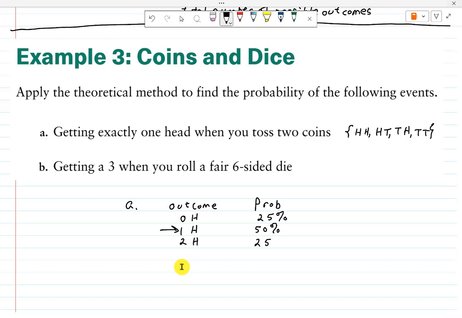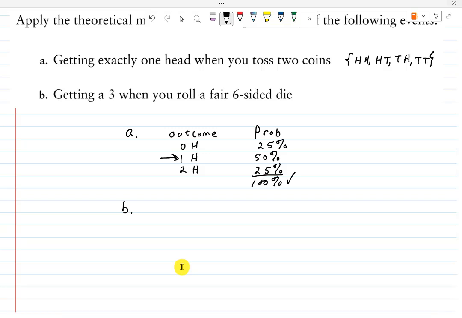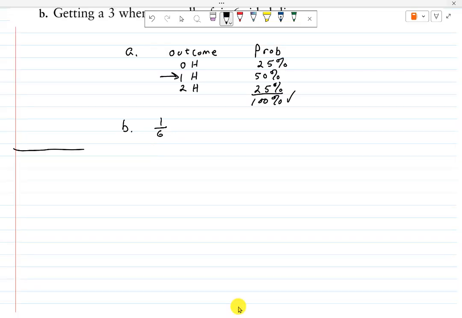So once again, that's 25%. And I've taken care of all the possibilities because this does add up to 100%. For part B, getting a 3 when you roll a fair 6-sided die. Very simple. Just 1 out of 6.